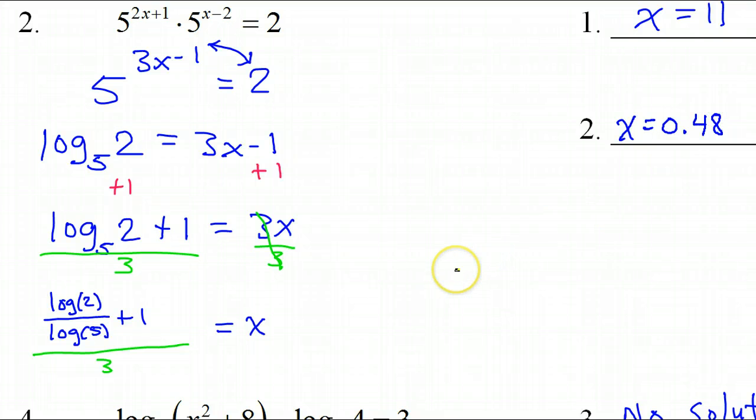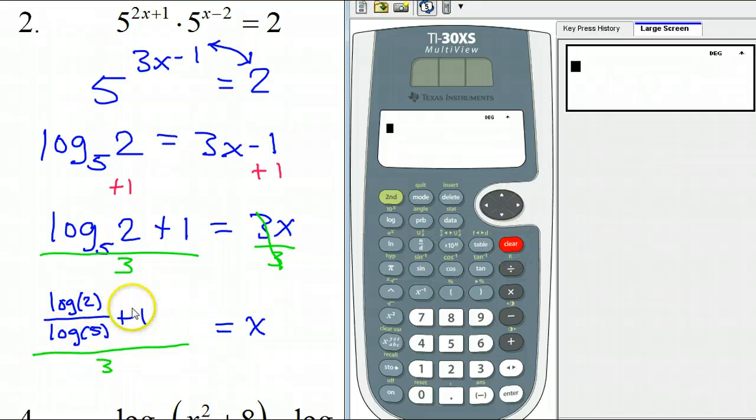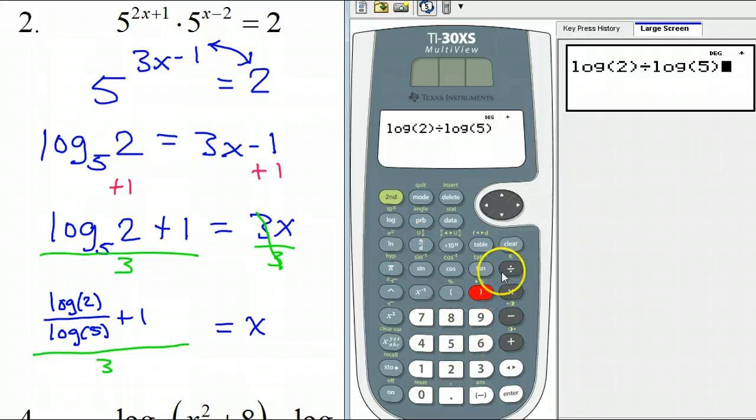Now, just real quick, another way you could have typed that in your calculator. Some kids are not comfortable typing it all in at once. So you could have done like this, just sort of following the flow of the problem. You could have done log 2 divided by log 5. You'll notice I'm even using the old-fashioned division sign from elementary school. So I hit enter. I have this so far. So far that's just this fraction.